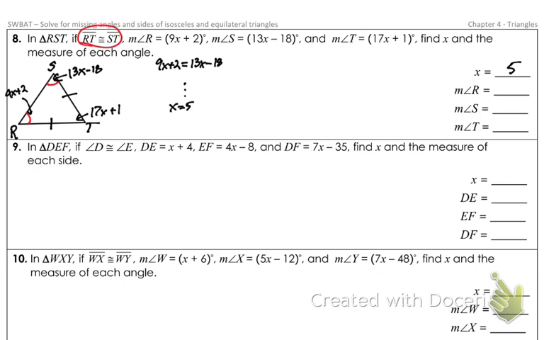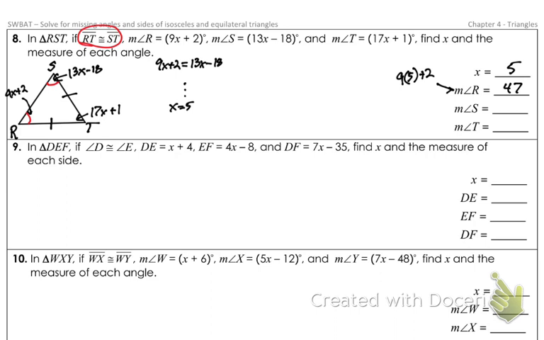Then we take these and plug them into each of these. R is 9 times something plus 2. Well, it's 9 times 5 plus 2. So this R right here comes from that 9x plus 2, but instead of x, we'll go times 5 plus 2. Well, that's 45 plus 2, which would be 47.